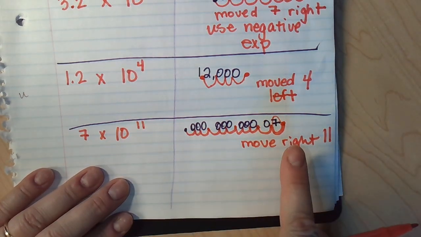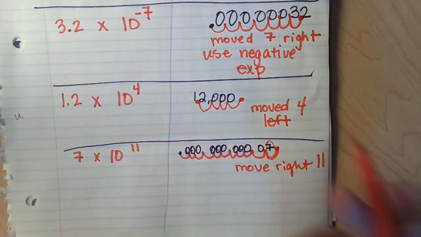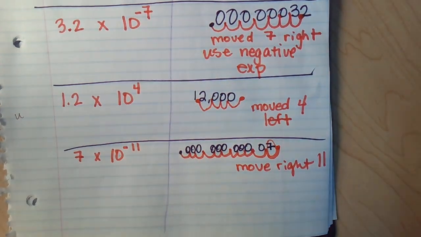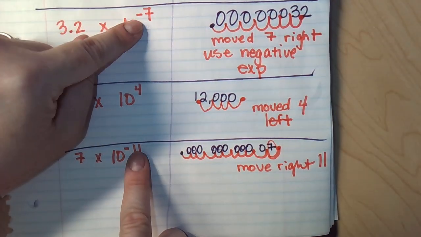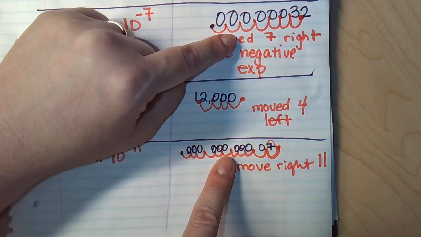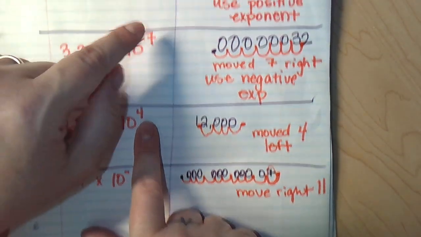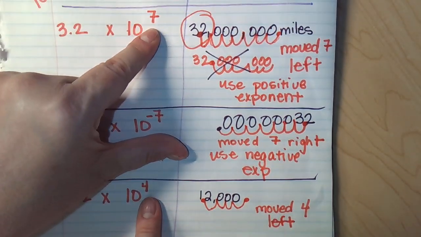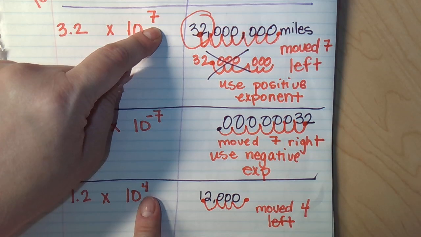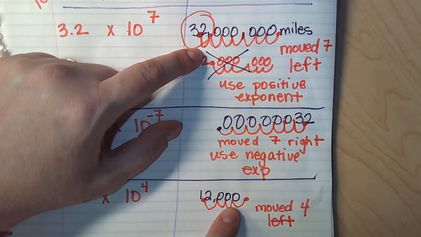And since I moved right, we got to use a negative exponent. So negative exponents in scientific notation come from decimals with a bunch of zeros. Positive exponents in scientific notation come from a number with commas and a bunch of zeros.